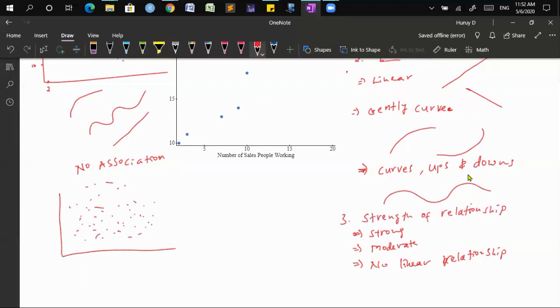Okay, so these are the possibilities, or the three pieces of information that we can get, and the fourth one obviously is the outlier. We can figure out if there is an outlier or not.